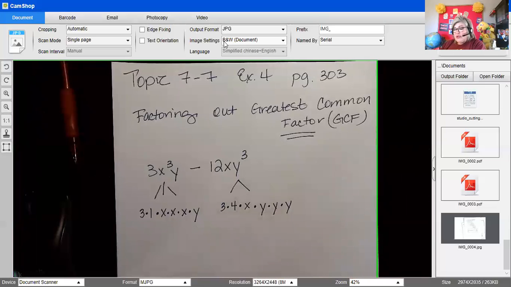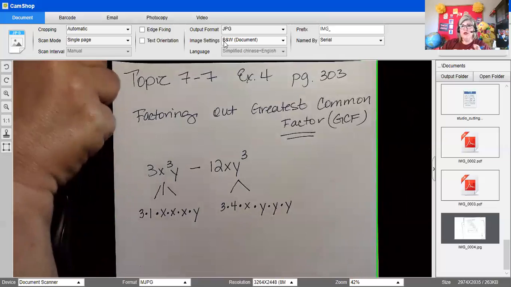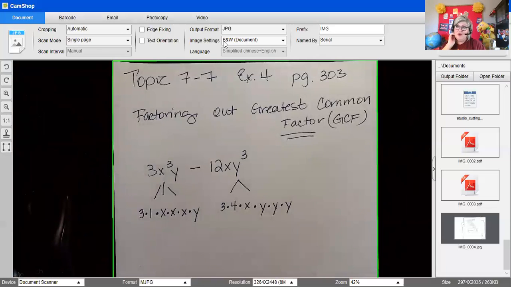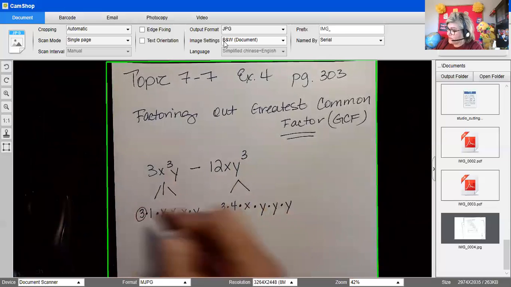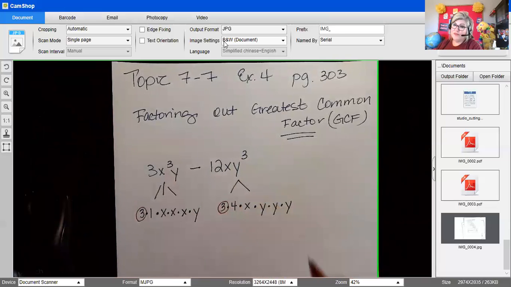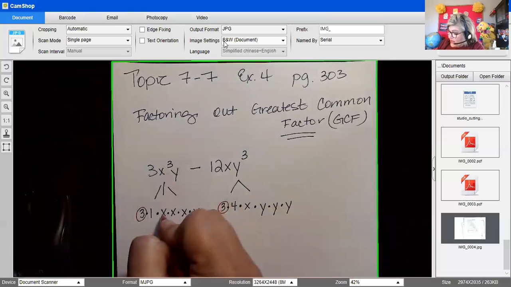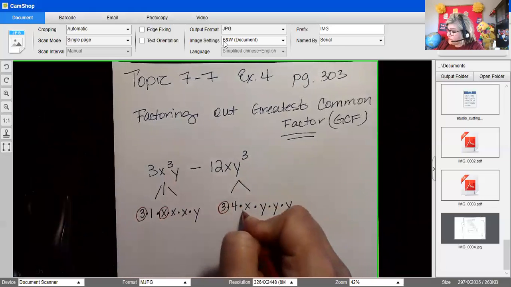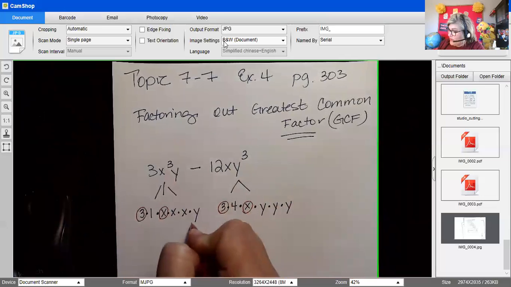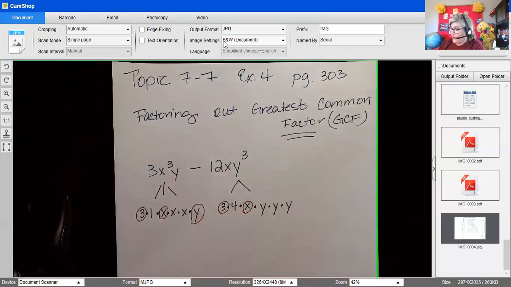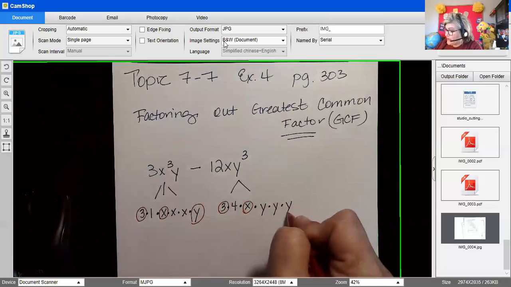So now we're looking for, what do they both have in common? Well, they both have a 3. They both have an x. And they both have a y. This one has one y.